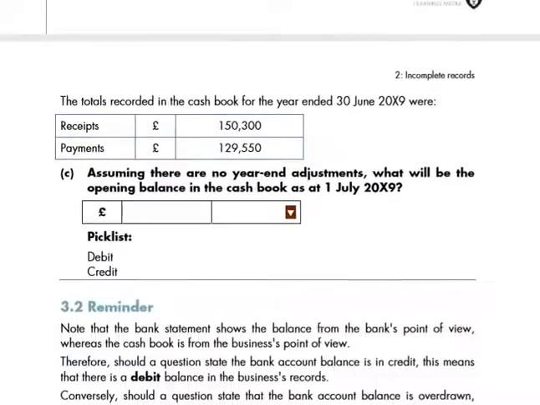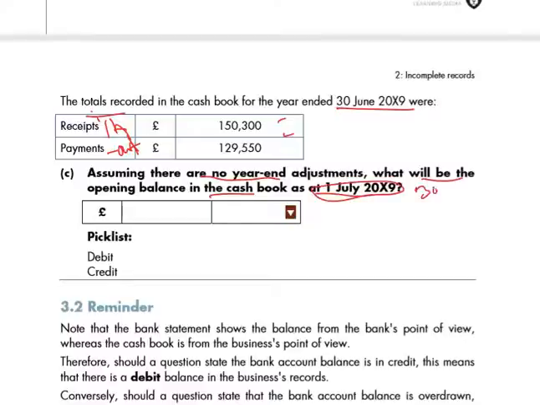We do have number C as well. The totals recorded in the cash book for the year ended 30th June are receipts, means money in, payments, means money out, and assuming there are no year-end adjustments, what will be the opening balance in the cash book as at 1st of July 2019?